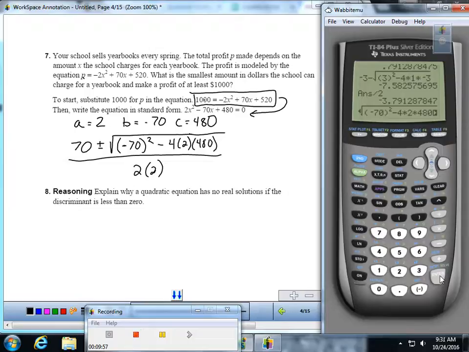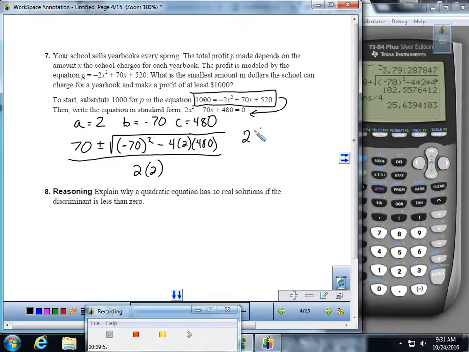Enter. Divide by 4. 25.64. So what's it asking for? What's the smallest amount the school can charge for a yearbook? $25.64.